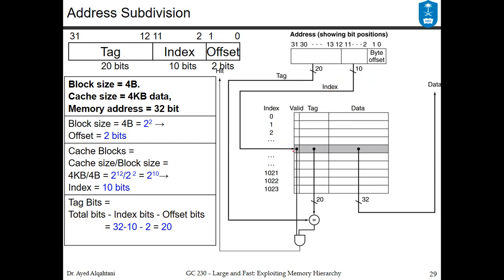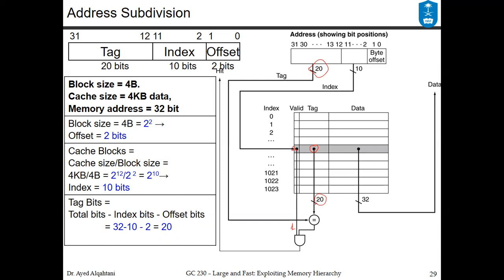Now, to know if it's a hit or not, what happens? You compare, there are 2 conditions. The first is that the valid bit is equal to 1. The other condition is that you compare the tag that is stored inside the cache, which is going to be 20 bits, with the tag that is coming from the address that you want to access.